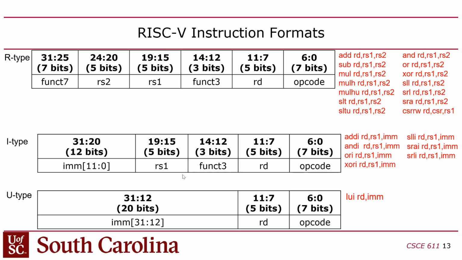So for this lab, we actually need 3, and we'll be adding 2 more in the next lab. So we've got the R type and the I type, which are very similar to the MIPS versions, but then we have the U type, which there was nothing like this in MIPS.